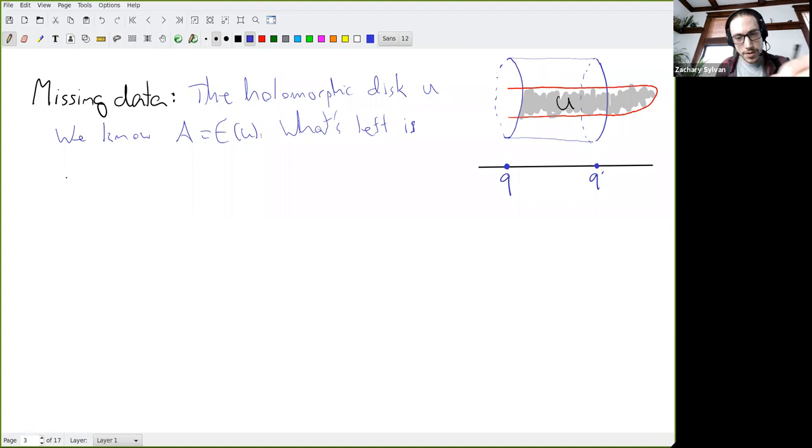So what's left is the boundary of U. And this is in some path space from X to Y. This is paths in LQ. So what we're missing is this boundary. The boundary on L is, in this case, less important.